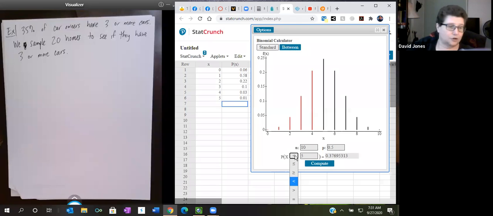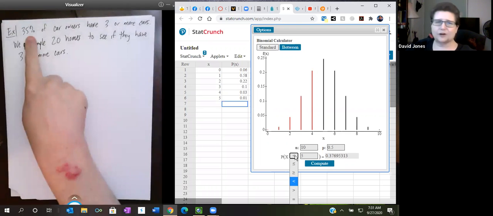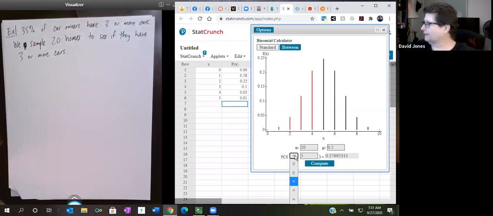Are they mutually exclusive? Is there two outcomes and two outcomes only? They could have 3 or more cars, or they could have not 3 or more cars. So this is mutually exclusive. And finally, is the probability fixed? We have it set at 35% or 0.35. So yes, this is binomial.